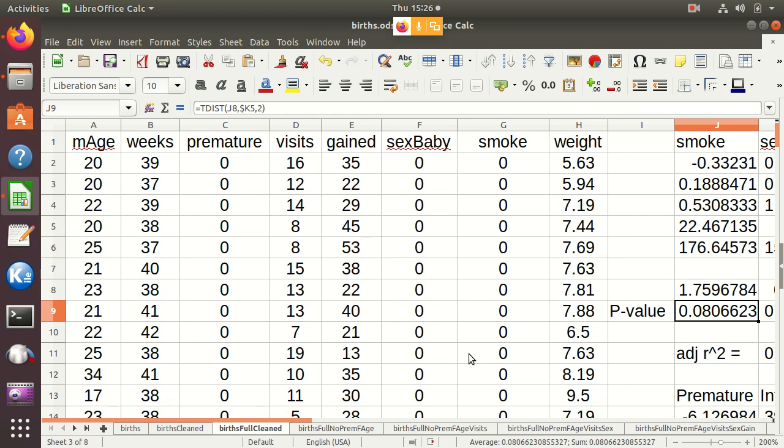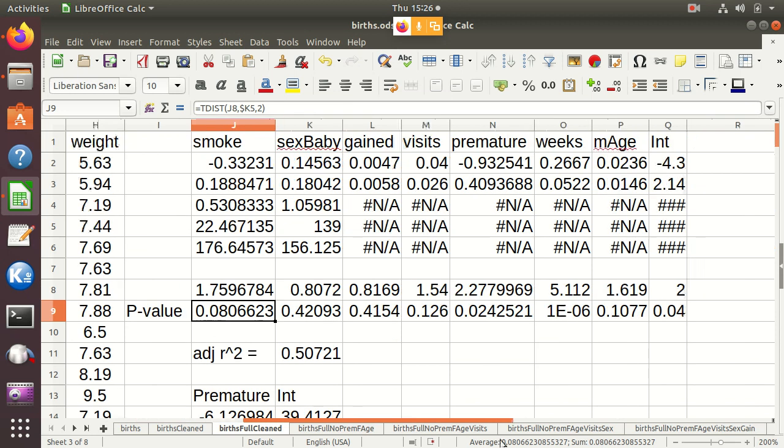I just run the thing, and what I see here I've got my p-value of 0.08 for smoking. Not quite significant. Okay, not quite significant. And I've got my other p-values for the other variables.